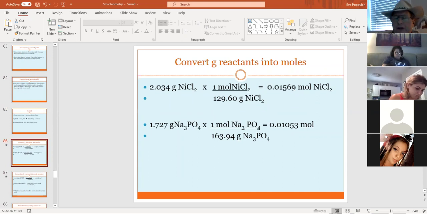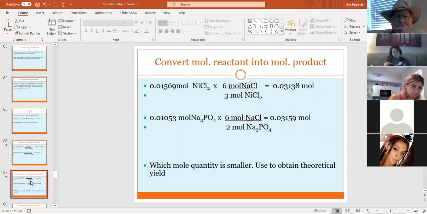My sodium phosphate divided by its molecular weight, I got 0.01053 moles of sodium phosphate. I take it through the molar ratio step. My nickel chloride will produce 0.03138 moles of sodium chloride. My sodium phosphate will produce 0.01053 3159 moles of sodium chloride.